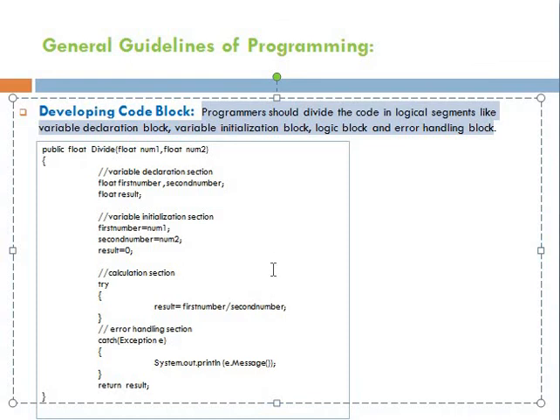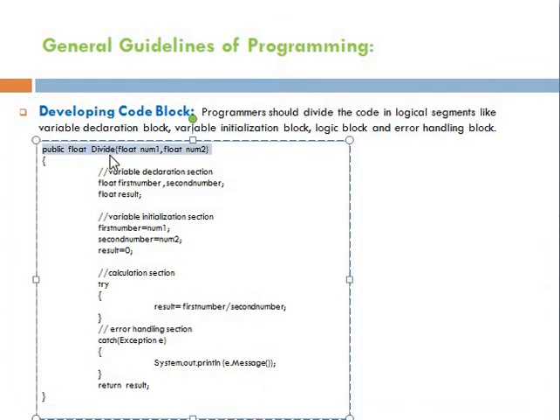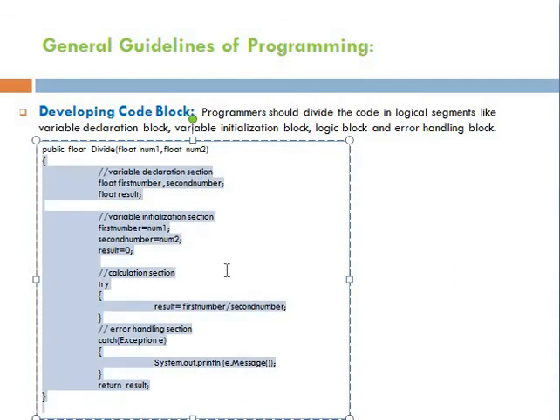Now, in this piece of code, there is a method named divide which returns a floating point value. And this is the region of code inside the body of the method called divide, which is represented by the opening and the closing parentheses.